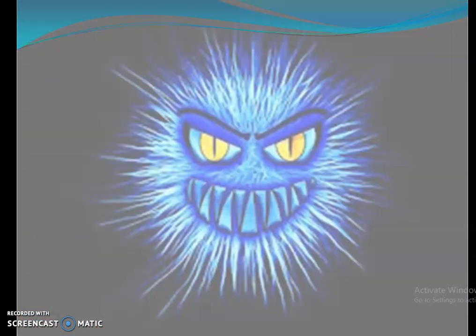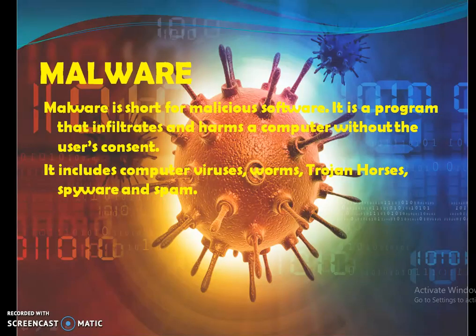Coming to malware. Now what is malware? Malware or malicious software is a program that infiltrates and harms a computer without the user's consent. So a malware is a malicious software which is harmful to a computer user.